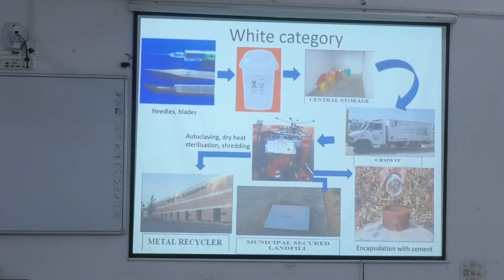White category, that needles and blades will come, and you have to preserve it in the white color container, or it should be puncture proof, and it should contain 1 to 2% hypochlorite solution. In that solution you have to keep it, and after that you have to store it in the central storage. Then you have to send it to the final treatment facility. There they will autoclave it, or they will heat dry, anything they can do, and after that they have some different treatment options.